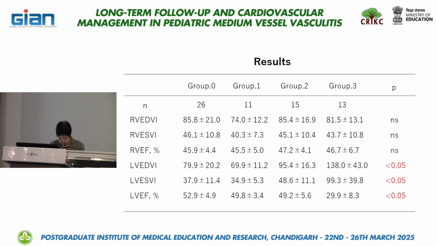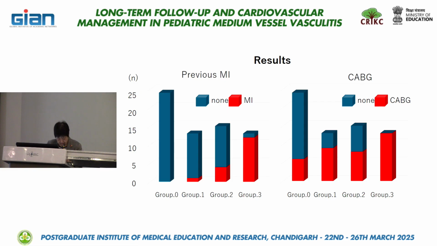Results are shown. There was no significant difference in right ventricular function, but there was a significant difference in the left ventricular function in the 4 groups. Their results are shown.